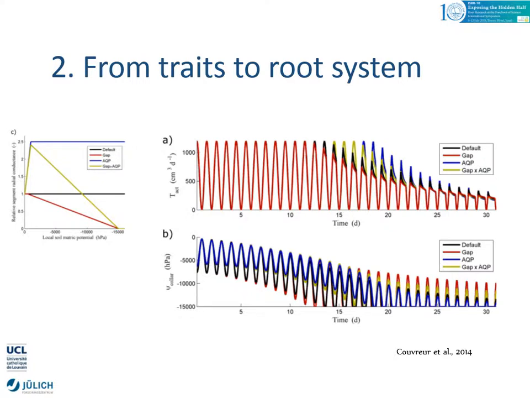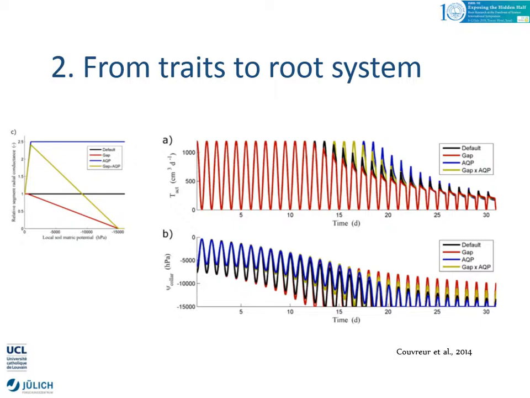Of course, these parameters are related to traits. They are related to root properties. For instance, here we run different simulations where we have different root radial conductivity changing with water potential. So here we wanted to represent how the soil dryness could affect radial root properties. And we had different scenarios. I won't go into details.